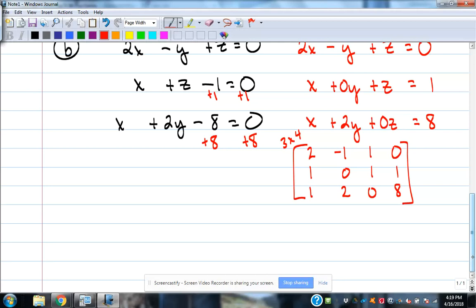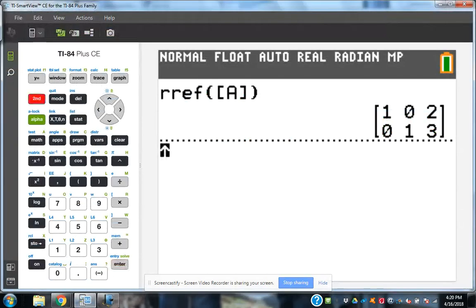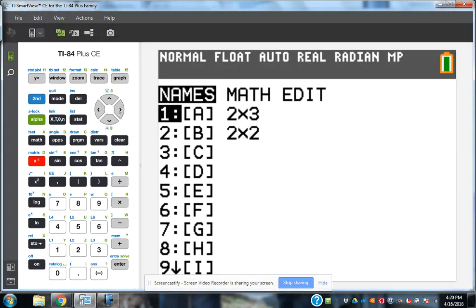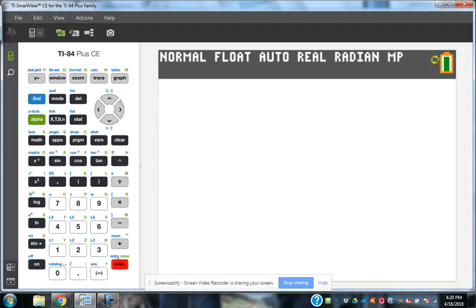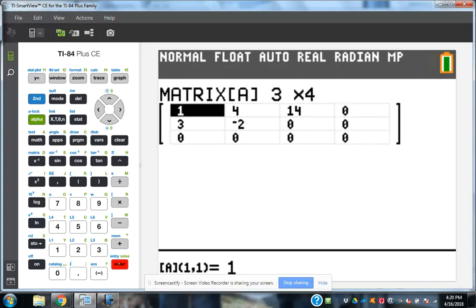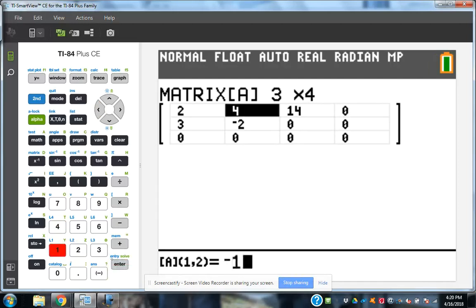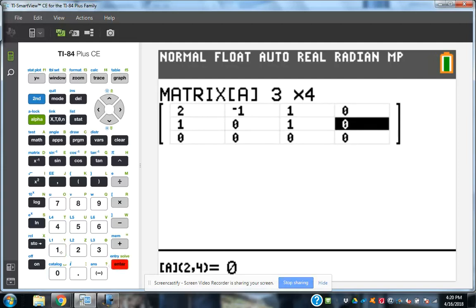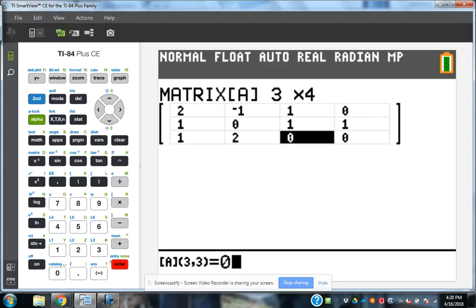So let's go through putting that into our calculator again so that we get to practice. Second matrix, go over to edit because we're going to put in another matrix. I'm going to put it in matrix A, 3 by 4, and then 2, -1, 1, 0, 1, 0, 1, 1, 1, 2, 0, 8.